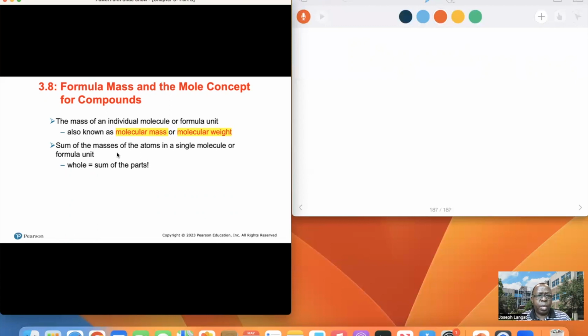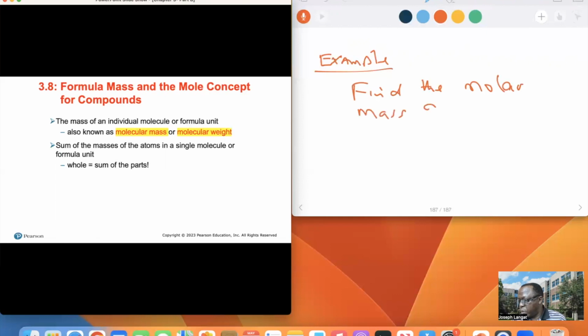How do you find the molecular mass? For example, the molar mass of H2O. This bullet point number 2: the sum of the atomic masses of a single molecule or formula unit will equal the sum of its parts. So here hydrogen is 1.01.